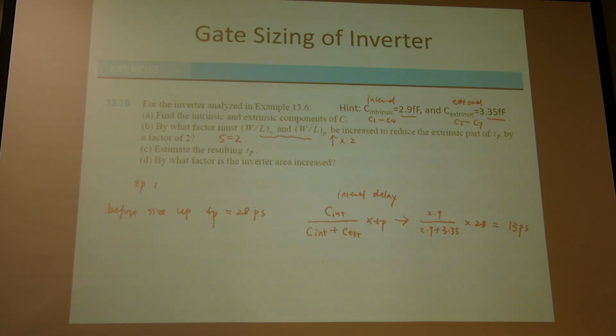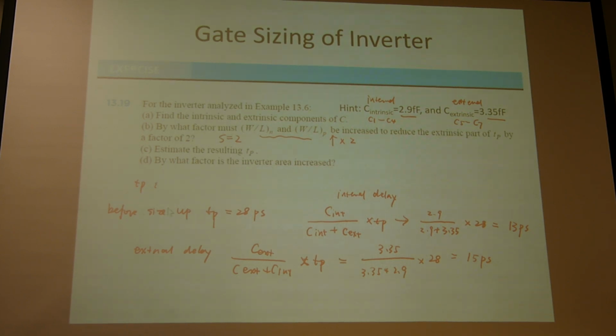And the external delay will be external over external plus internal times TP. That will be 15 picoseconds.